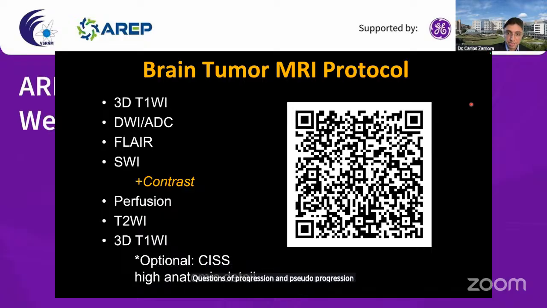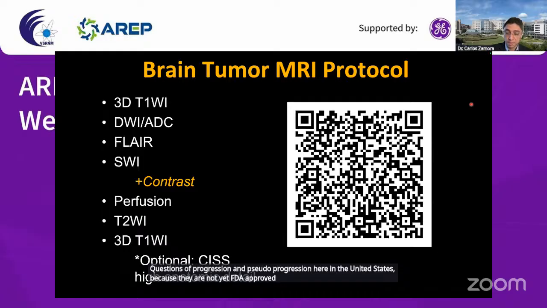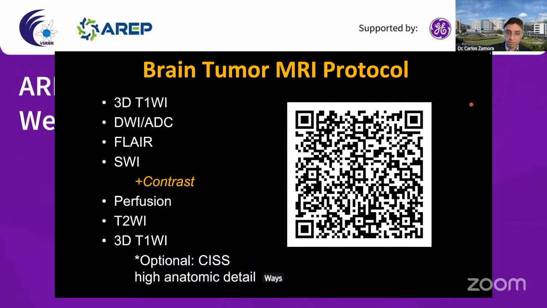Here in the United States, because they are not yet FDA approved, they are really not being used a lot clinically. That might change in the future, right? But that might be one of the ways to try to help with telling true progression versus pseudoprogression.